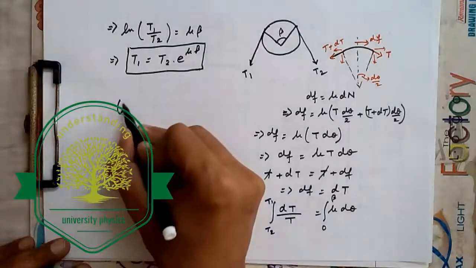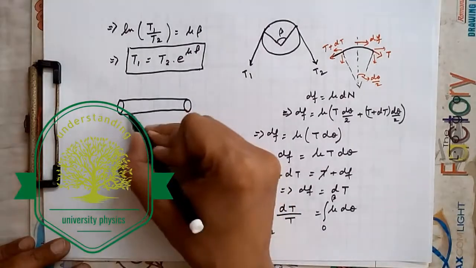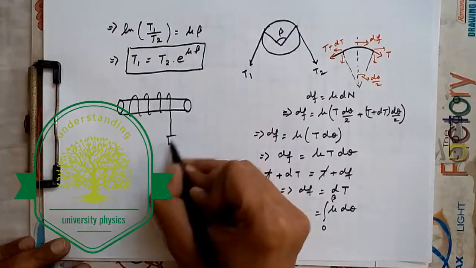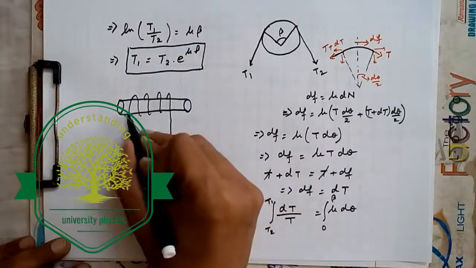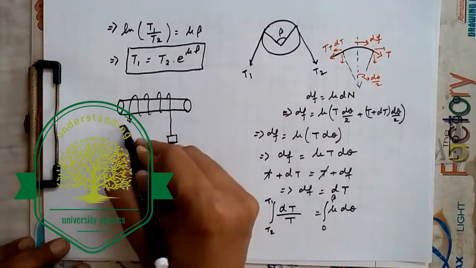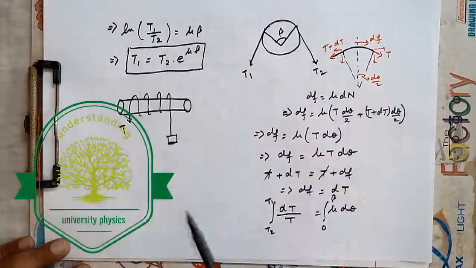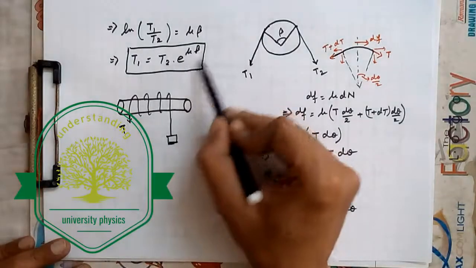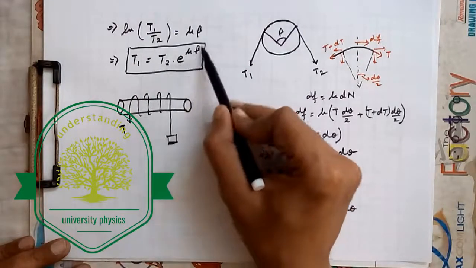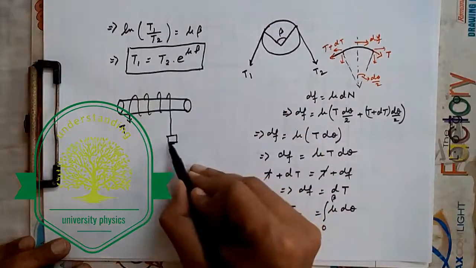So we can do an experiment in which we hang a very large mass on one side and hold that mass with a very small force, just by wrapping the rope many times and thereby increasing beta. This is an exponential function. So by controlling beta, we can make this term very high, and we can make T2 as small as we like, and still we'll be able to hold a very large mass.